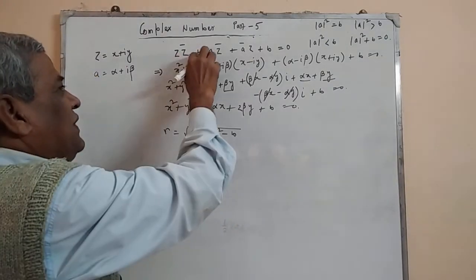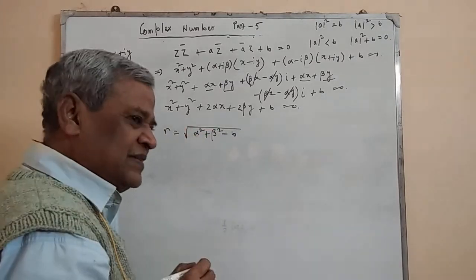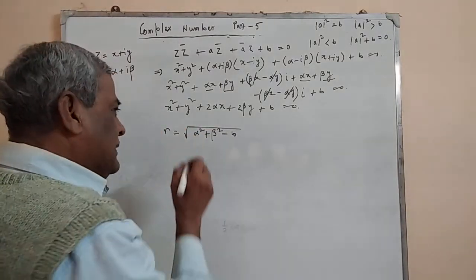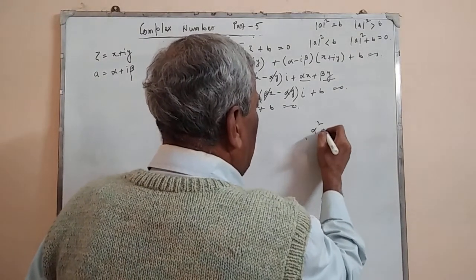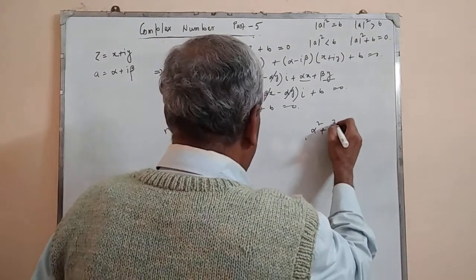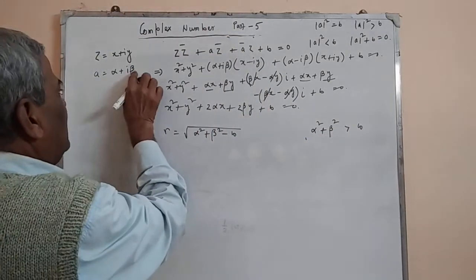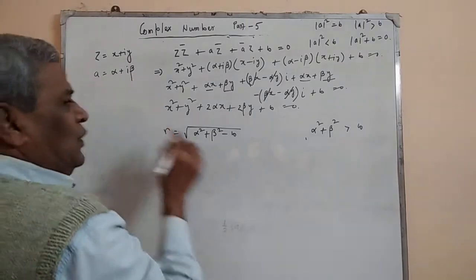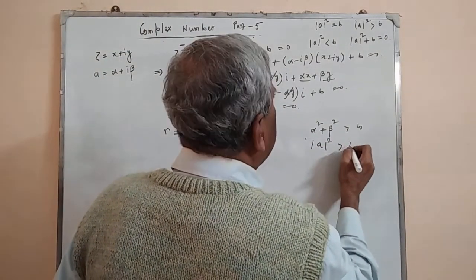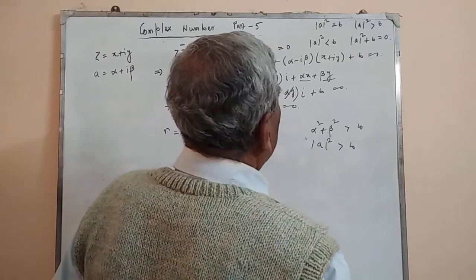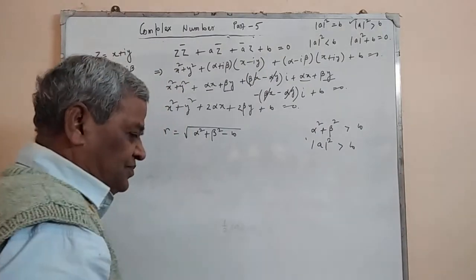If it represents a circle, the radius must be a real quantity, so we must get alpha square plus beta square greater than b. Alpha square plus beta square is equal to magnitude of a whole square. That is, magnitude of a whole square is greater than b. So this is the correct option.